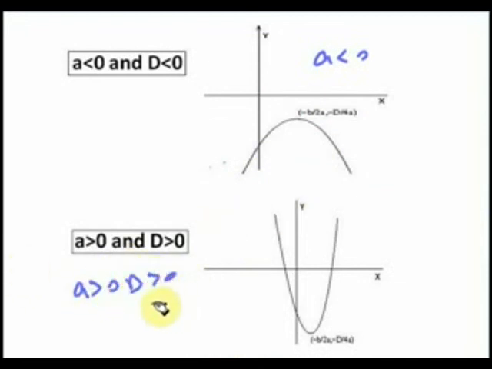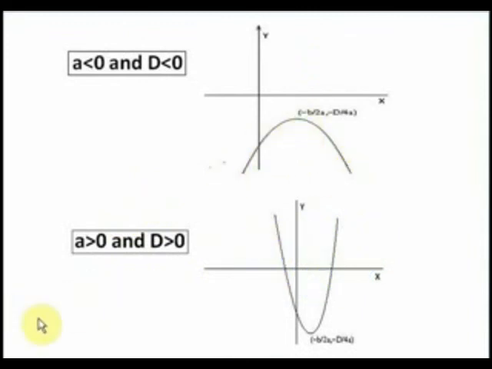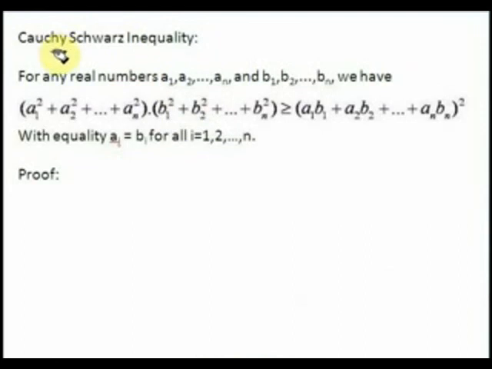If a is greater than 0 and D is greater than 0, that means real and distinct roots, so it should cut the x-axis at 2 points. The roots will be alpha and beta. The graph can be like this, any one, but it has to cut the x-axis at 2 points. If D is less than 0, it won't cut the x-axis at any point.